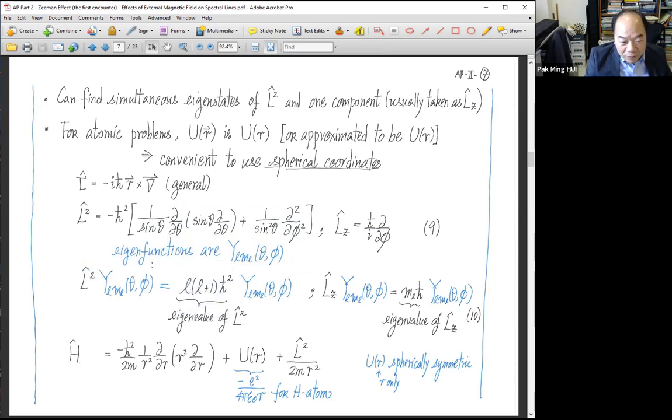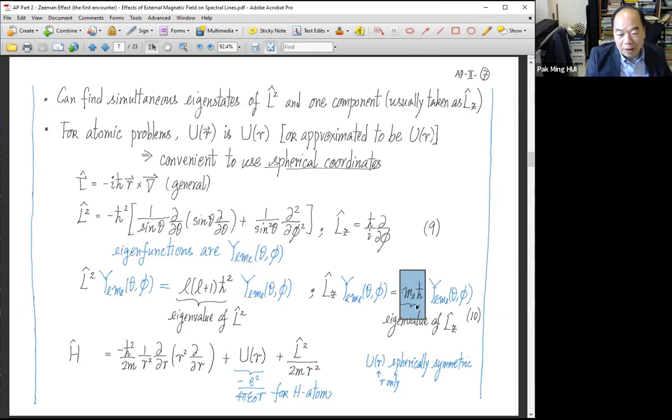And the Y_lm(theta, phi) are also simultaneous eigenstates of Lz with the eigenvalue m h bar. Summarizing, there are two indices in the spherical harmonics. l tells us how long the orbital angular momentum is. m tells us the z projection, the z component.